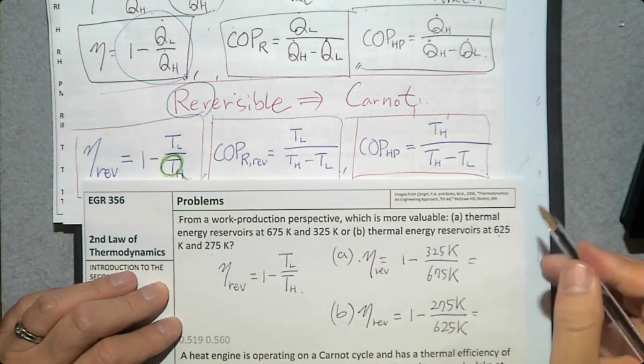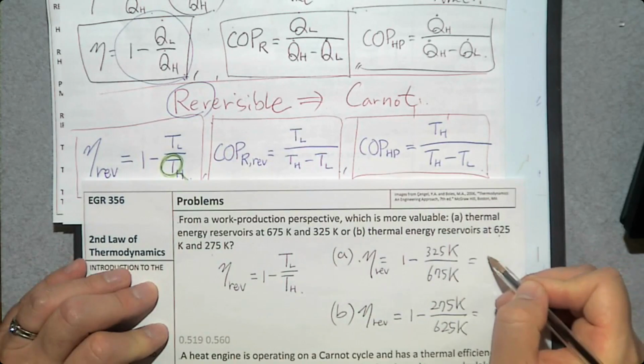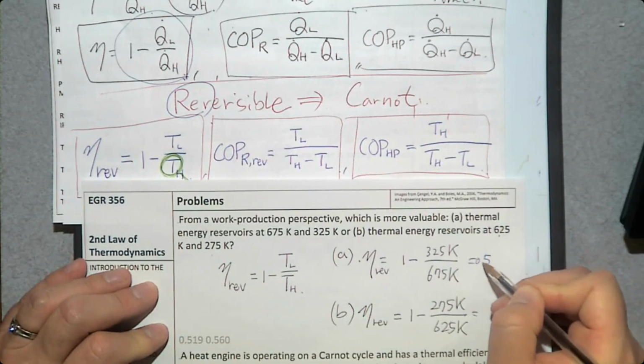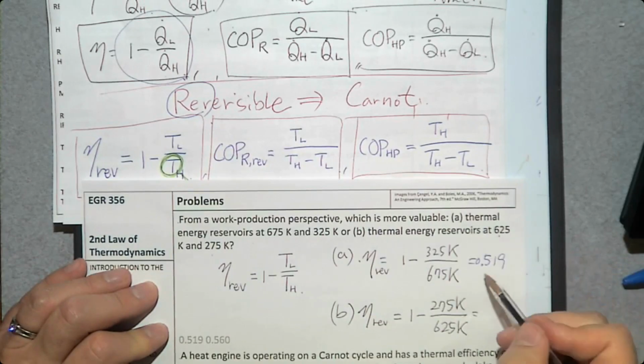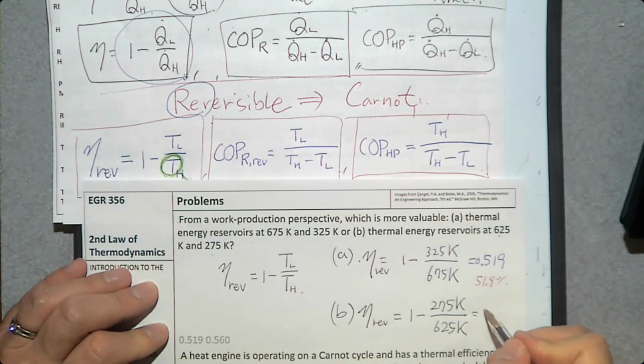So the maximum possible efficiency is going to be 0.519, which is 51.9%. And the other one is 0.56. In other words, 56%.